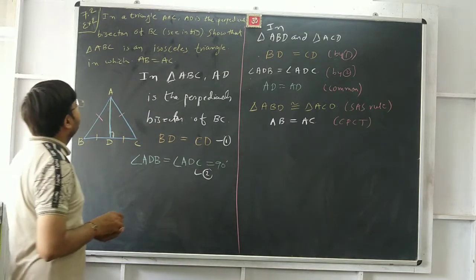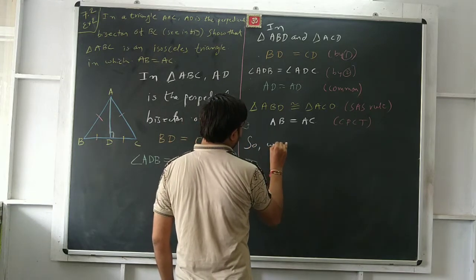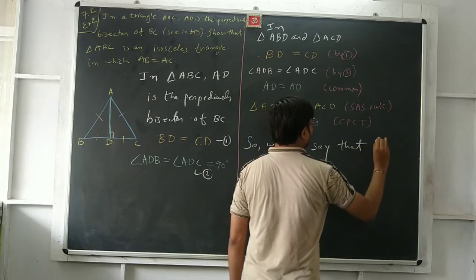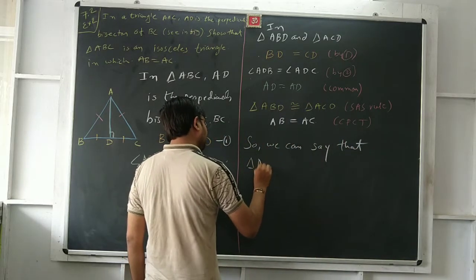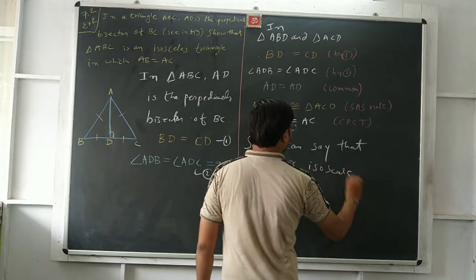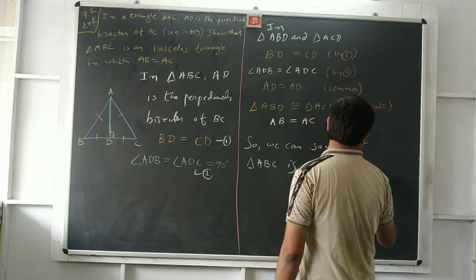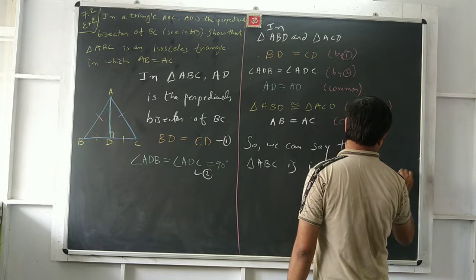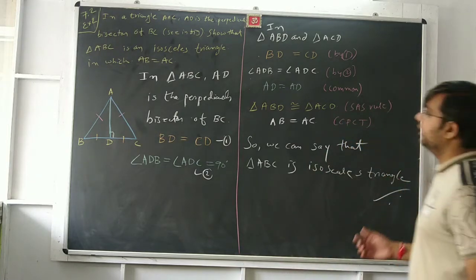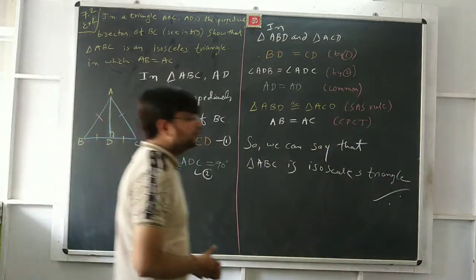So we can say that triangle ABC is an isosceles triangle. Okay? See carefully and write down in your notebooks. Got it?